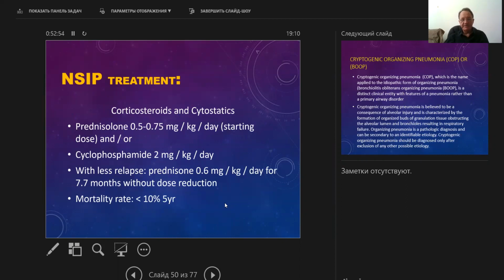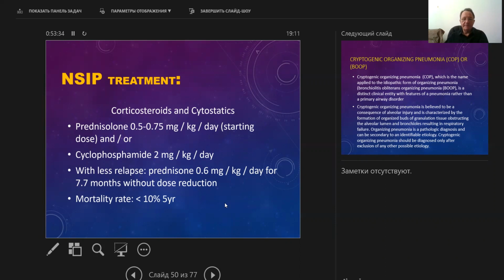What about treatment? We recommend for patients with non-specific interstitial pneumonia, if you exclude other causative factors, systemic corticosteroids like prednisolone at a starting dose of 0.5 to 0.75 mg/kg per day, or cyclophosphamide 2 mg/kg per day.